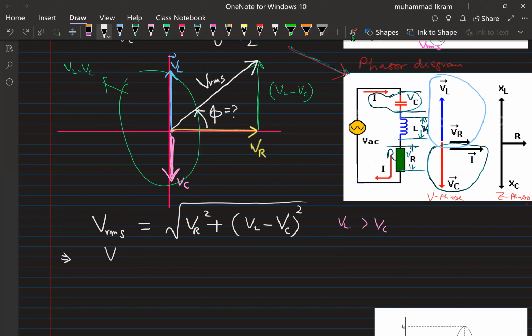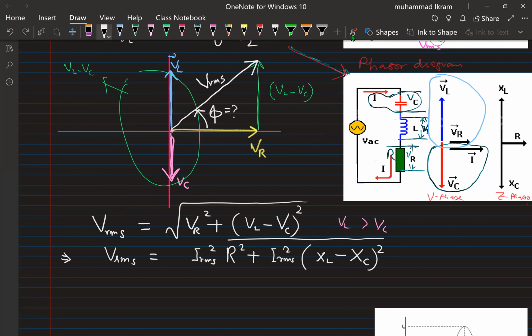I can write that VRMS equals the square root of IRMS squared into R squared, and IRMS squared I will take common, plus XL, the inductive reactance, minus XC, the capacitive reactance.